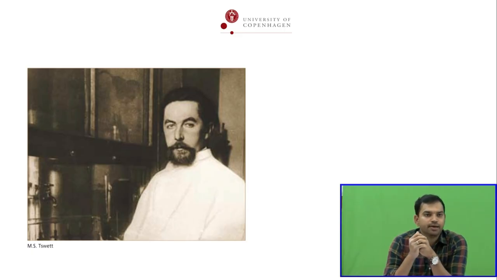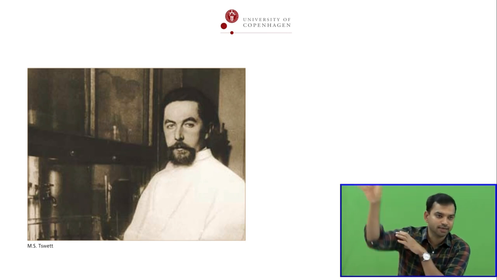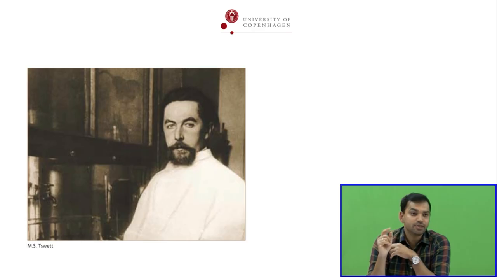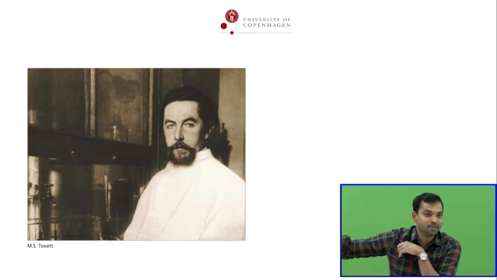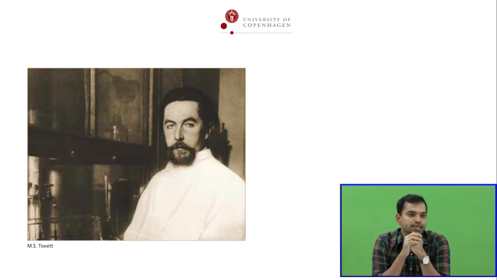He really wanted to separate what exactly is present in leaves, for example. Leaves are green in color, but it's not just green. For a normal person, leaves are green. For scientists, leaves are green plus something else, and he really wanted to see what the rest of the things present were.